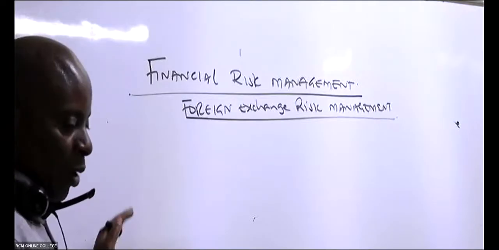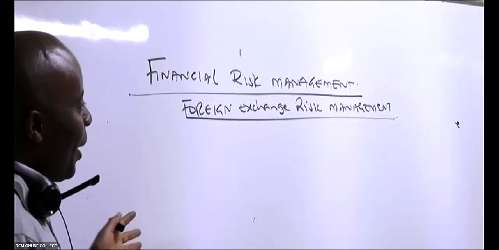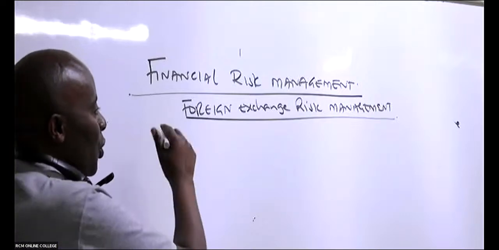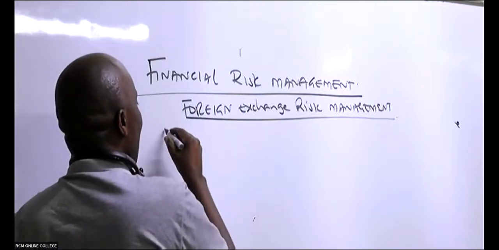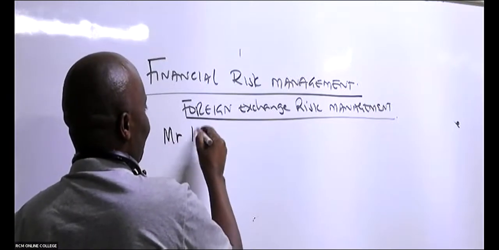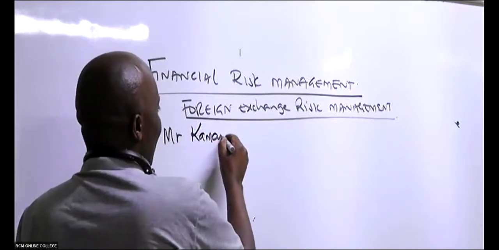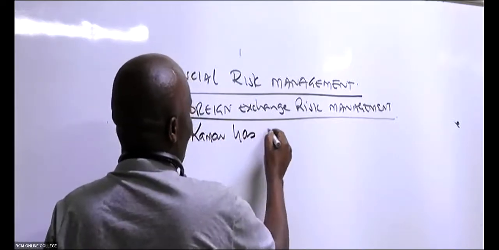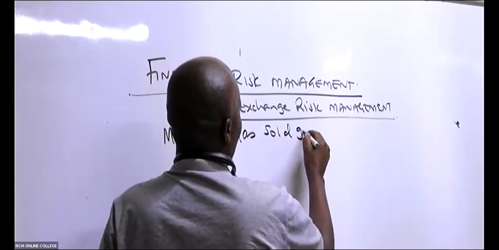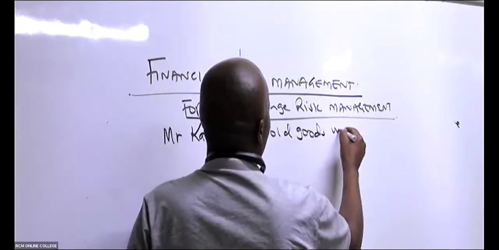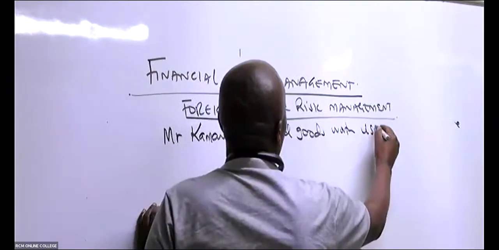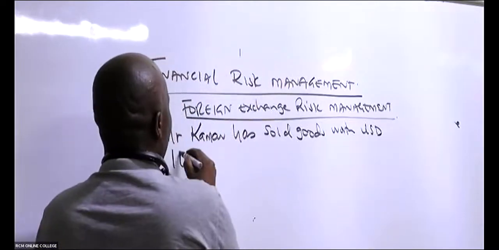So ladies and gentlemen, I would want us to start right away, first of all, by reminding students how this works. Assuming we have in this case here, Mr. Kamau. Mr. Kamau has sold goods, as an example, worth US dollars 1 million.